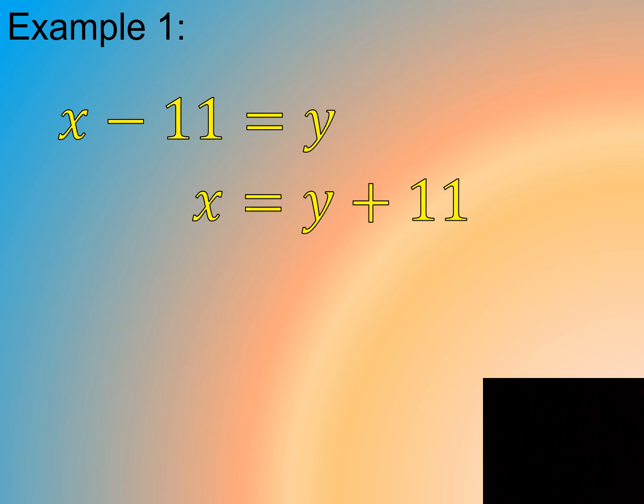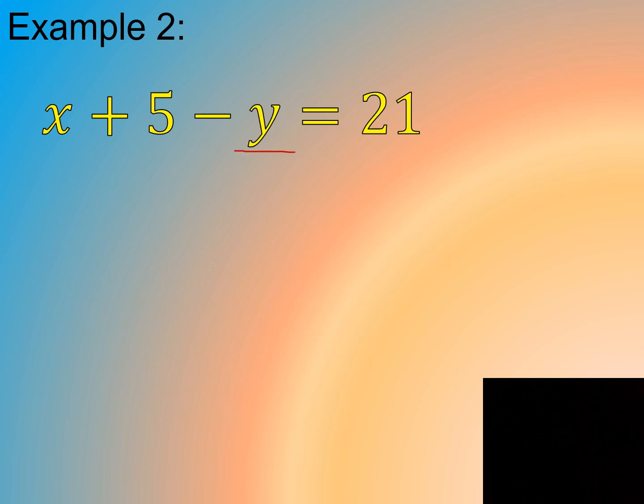On one side of the equation, x must only remain. Another example, x plus 5 minus y is equal to 21. If we are asked to solve for the value of x, we need to transpose the terms 5 and negative y to the other side of the equation.